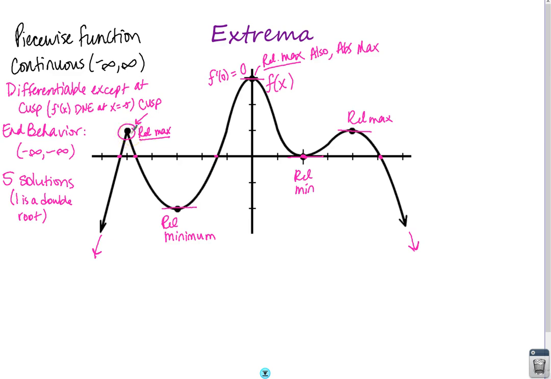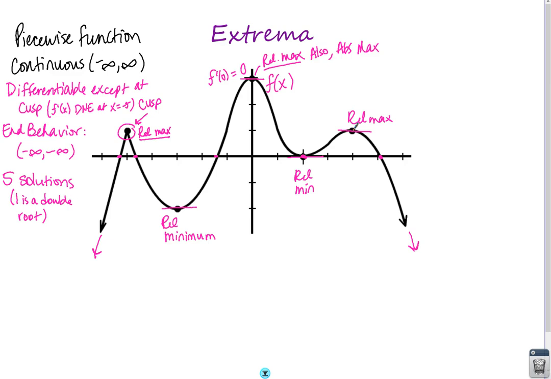So this cusp was not differentiable. Therefore, there is no derivative value at this point. However, it's still a relative maximum. So that's interesting. A relative maximum happens when the derivative either does not exist or whenever you have a horizontal tangent line. I think I might want to write that down for later.